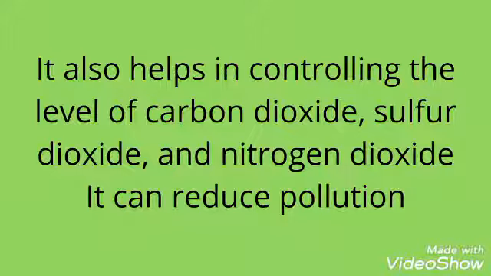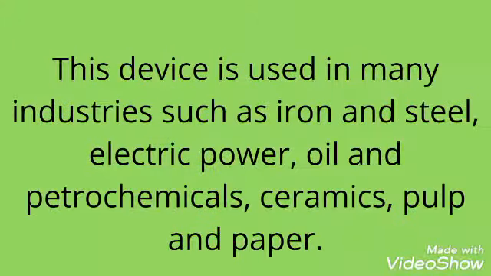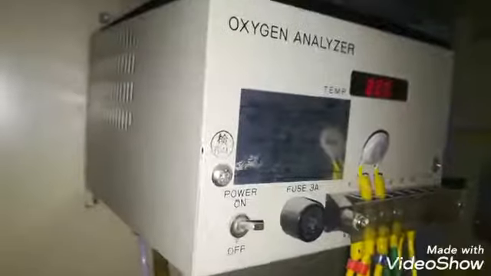It helps in controlling the level of carbon dioxide and sulfur dioxide, so we can reduce the pollution, and it enhances the fuel efficiency. We can save fuel. It is used in iron and steel, electric power, oil and petrochemical, ceramics and the paper industry.